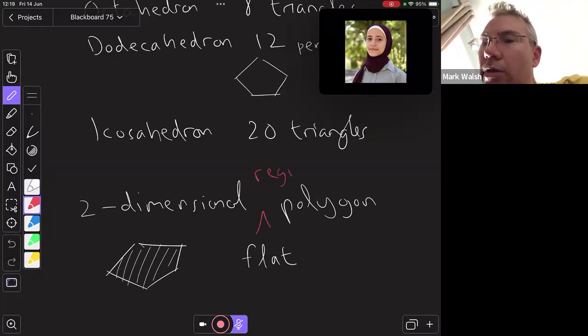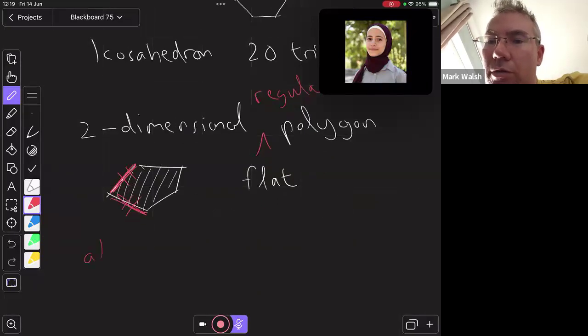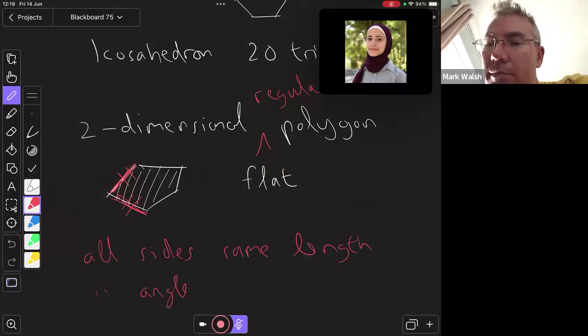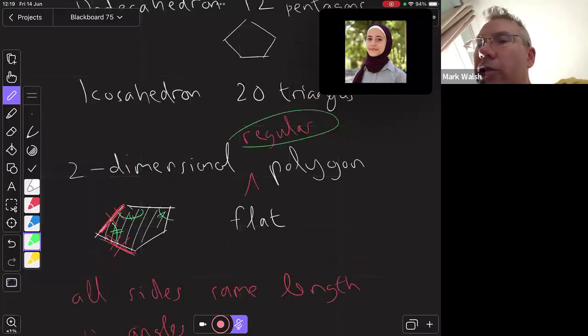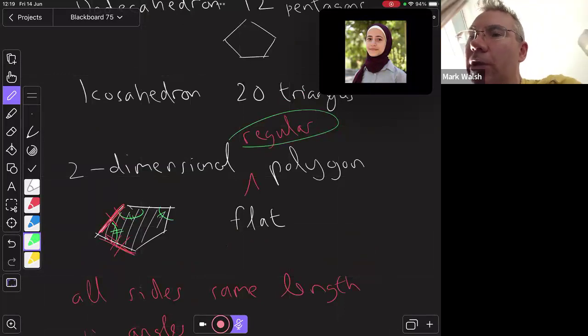Regular means all of the sides are the same length, and all of the angles are the same. So that's going to be a regular polygon. Does that make sense, first of all?